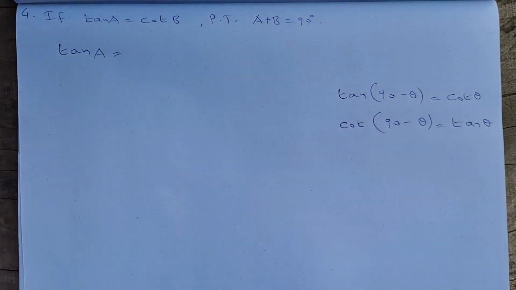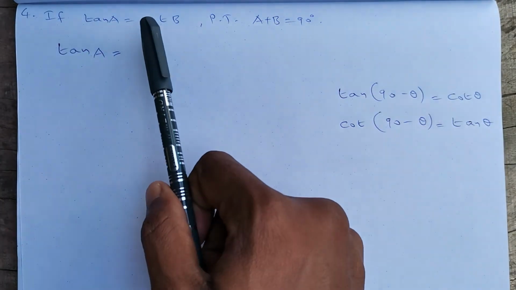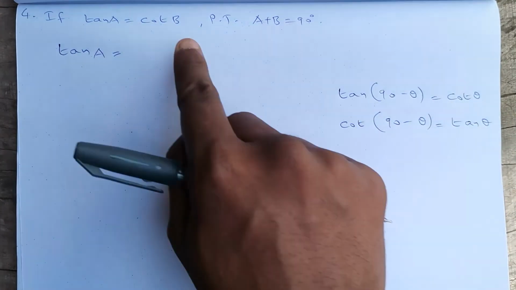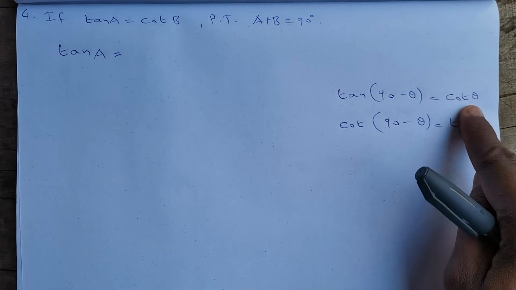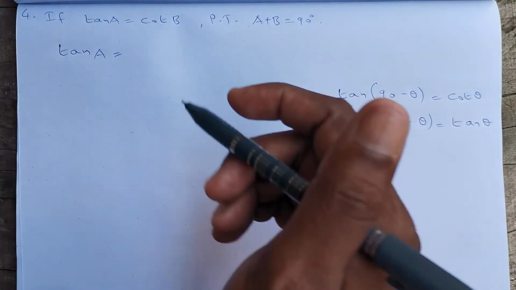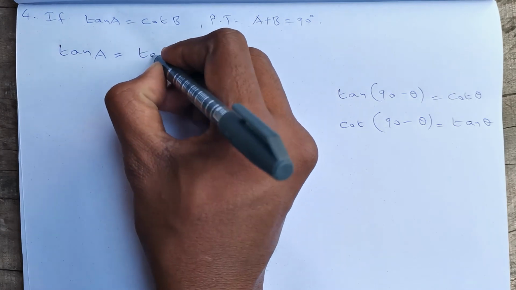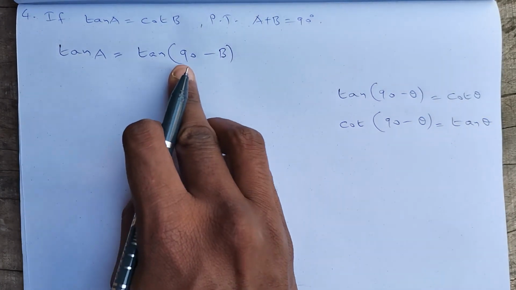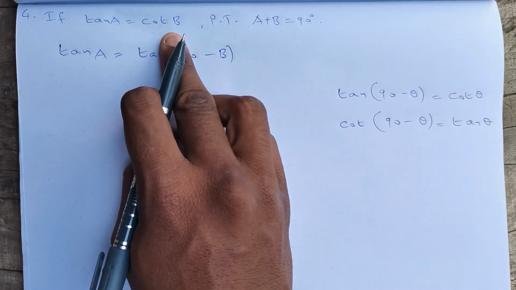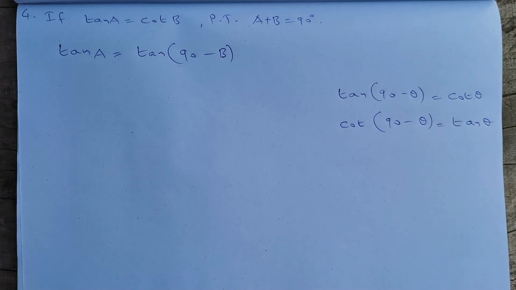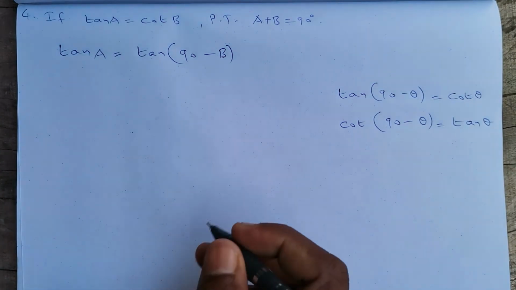is equal to. If we observe the right side, cot B is there, which is in the form of cot theta, where theta represents B. Then cot theta can be written as tan of (90 minus theta). So in the same way cot B also can be written as tan of (90 minus B). Tan of (90 minus B) is nothing but cot B. Now left side and right side both have the same trigonometric ratio, so we can compare the angles.